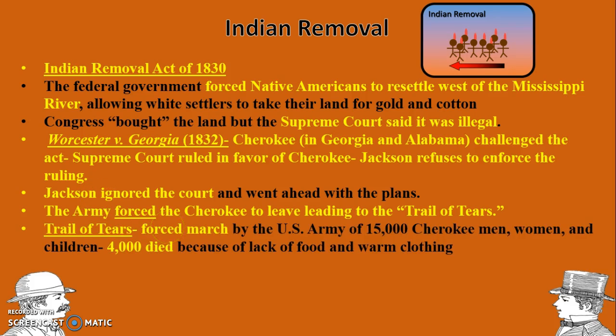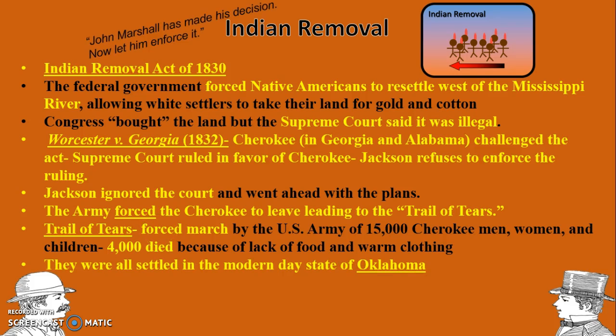The Trail of Tears was a forced march by the U.S. Army. 15,000 Cherokee men, women, and children. 4,000 died due to lack of resources, food, warm clothing, sanitation. It was an incredibly cruel and difficult journey. Today, the place that they were resettled is the modern-day state of Oklahoma.